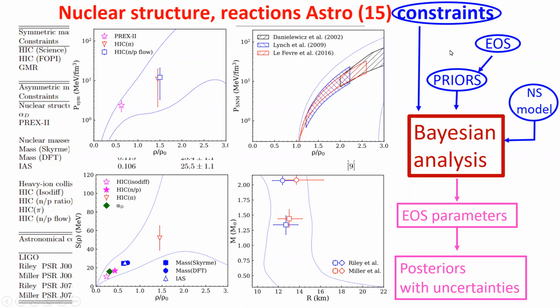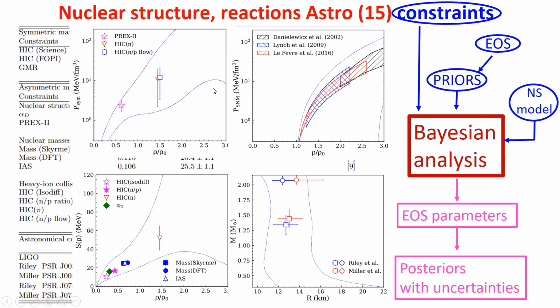We parameterize the equation of state so that we can create a prior that covers most of the constraints, and then we put in a neutron star model. And then we extract the equation of state parameters and the posterior with the uncertainty. So for the Bayesian analysis, we only use the constraint and the error bar associated with it.